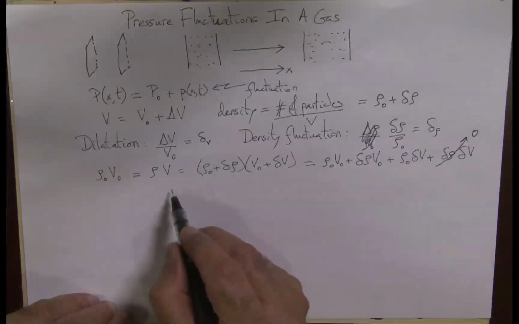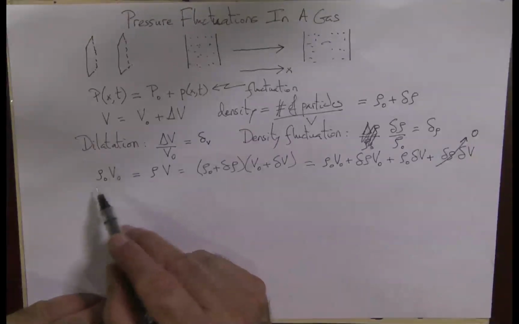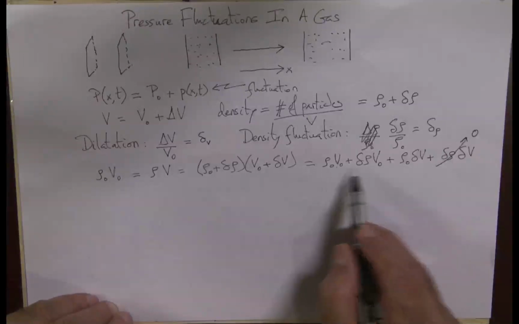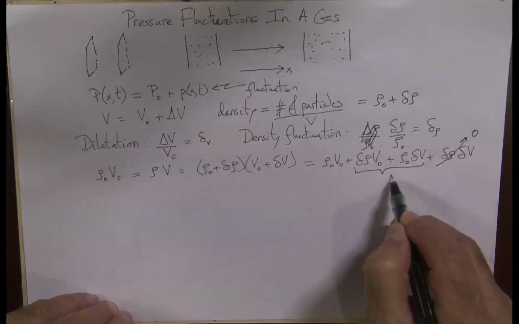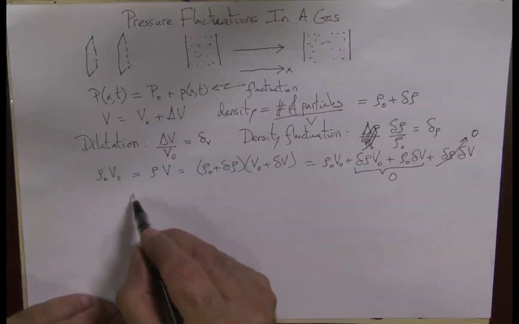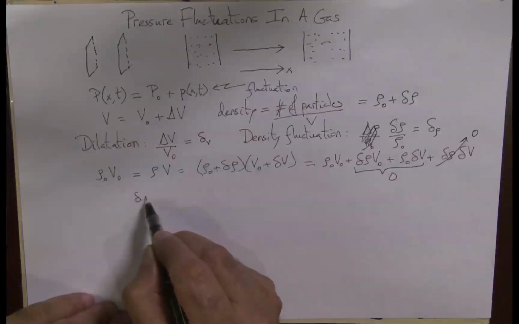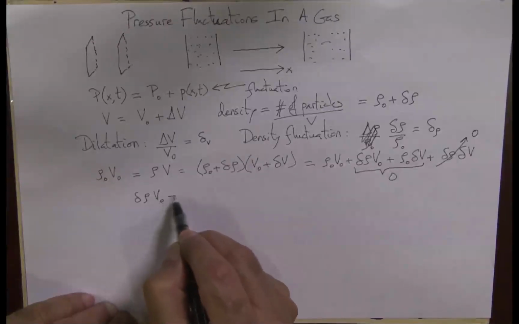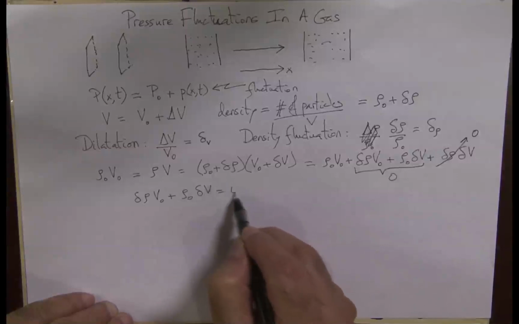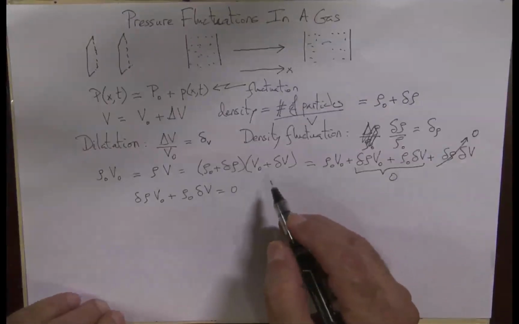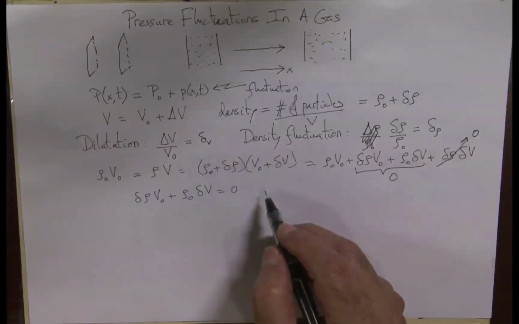And so from here, we see that rho naught V naught is equal to rho naught V naught plus this, which means that this here has to equal 0. And so let's write that out. That's delta rho V naught plus rho naught delta V equals 0. And now divide by rho naught V naught.